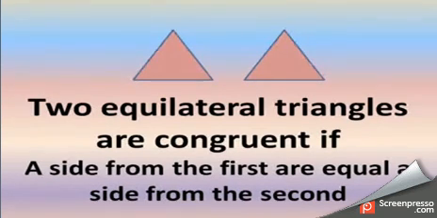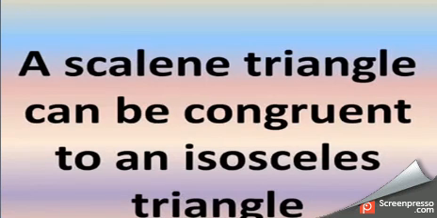If I have another special case of triangle, yes, a scalene triangle. Can a scalene triangle be congruent to an isosceles triangle? It should have the same type to be congruent, and the same sides.